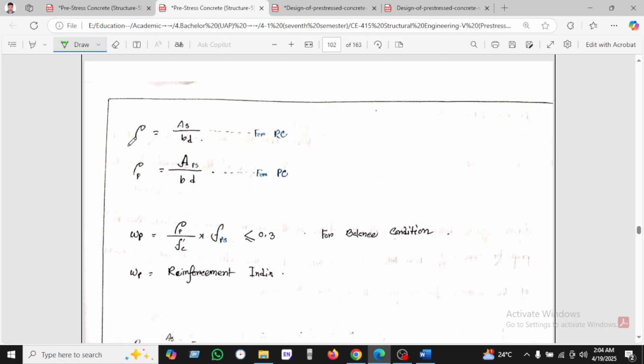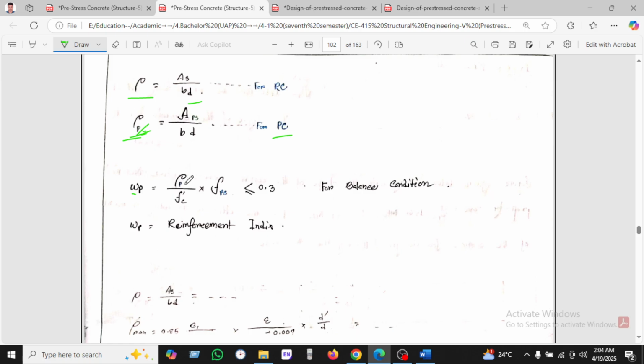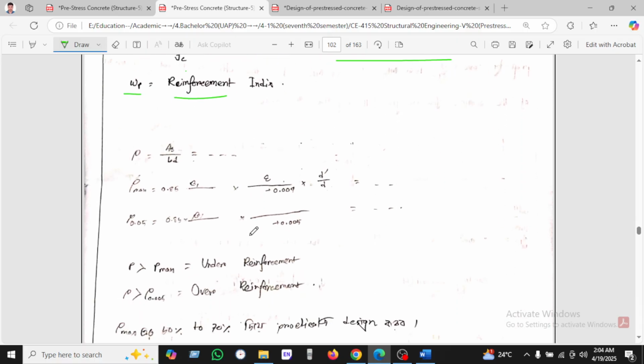Okay, so rho we know is A_s over b d, and for prestress rho_p is given the value of p. So w_p we know is rho times f_ps over f_c. It is less than 0.3, which is a balanced condition. w_p is the reinforcement index of the section.